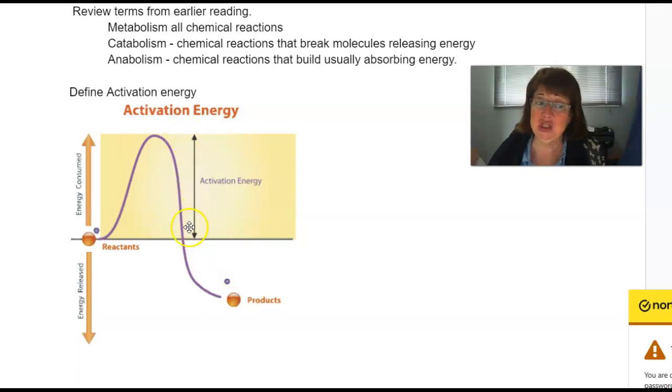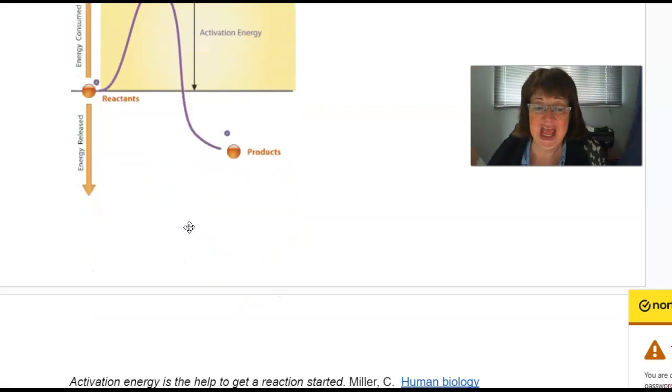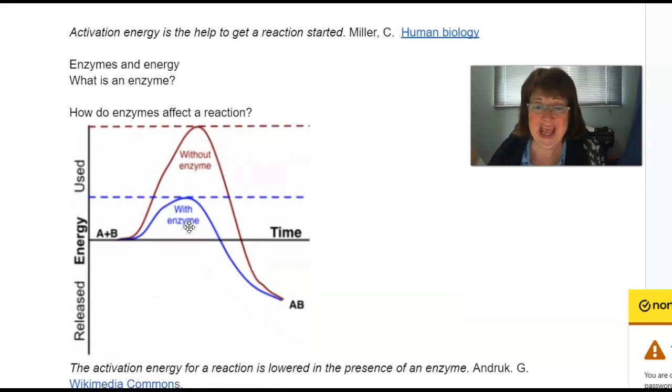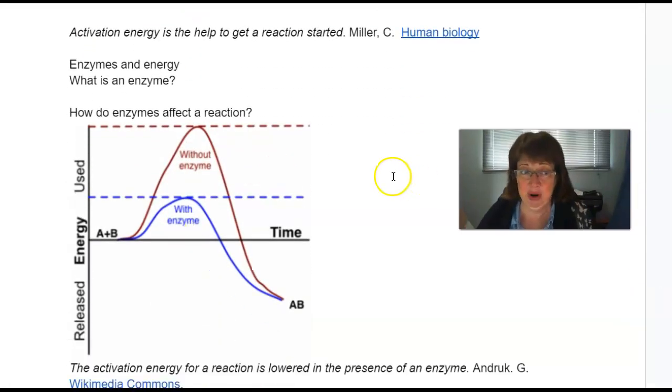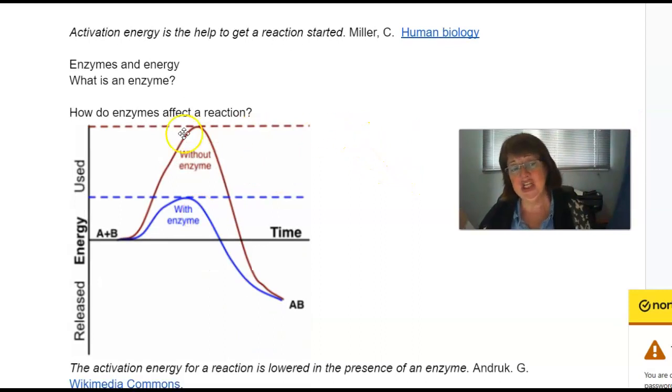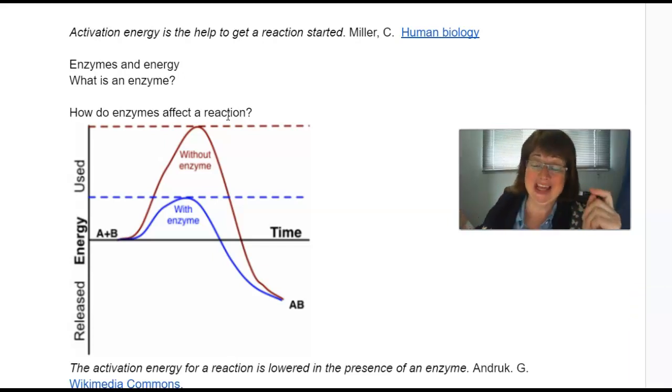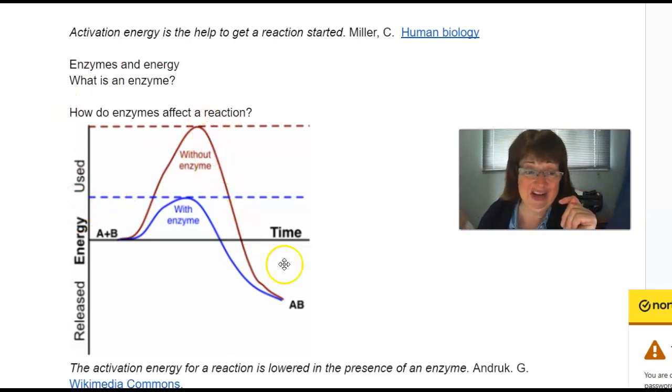This energy to get things started is called the activation energy. In the human body, this energy is changed using an enzyme. An enzyme is usually a protein that is specially configured to cause a reaction to occur with less energy. So it lowers the activation energy.